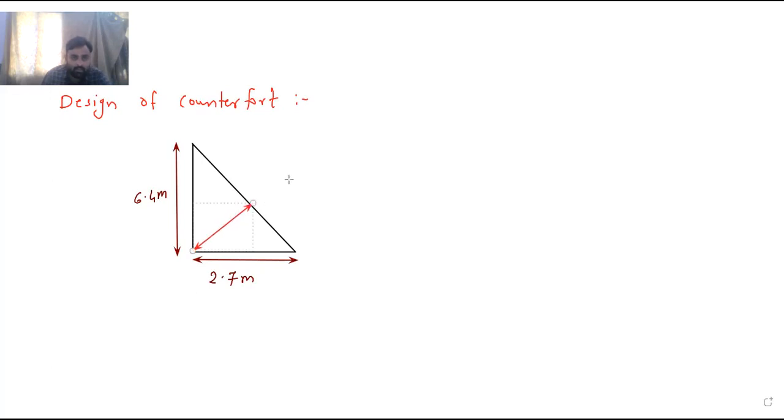Now the maximum depth it can have is this one, and let us say that this depth is d dash. This angle is 90 degree as we drop the perpendicular.